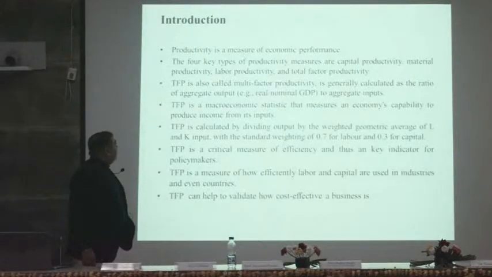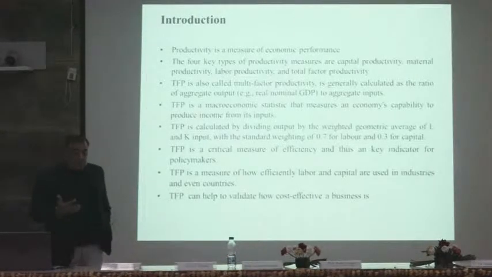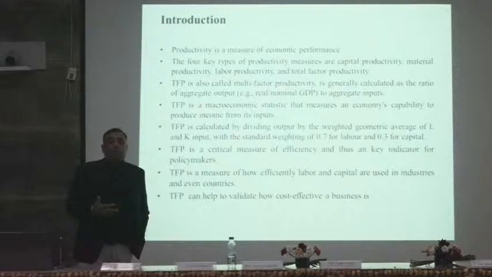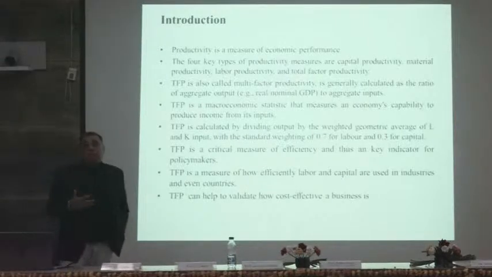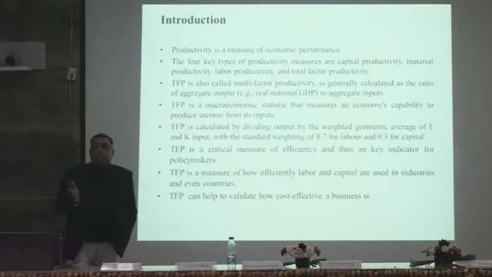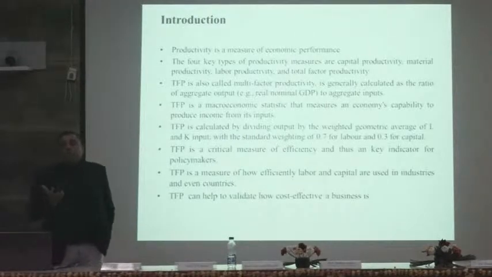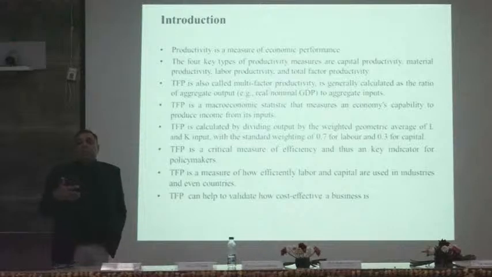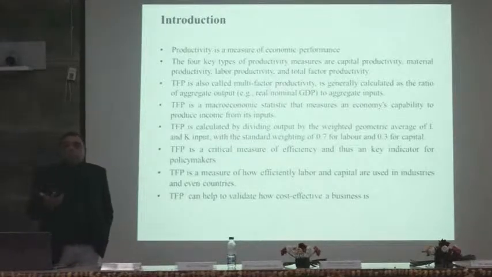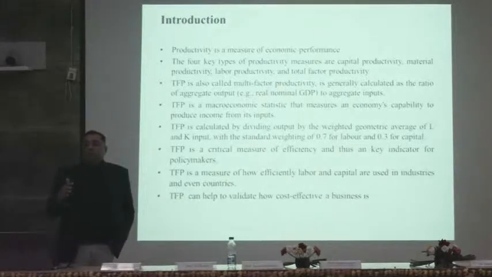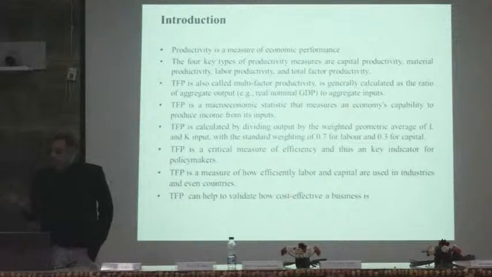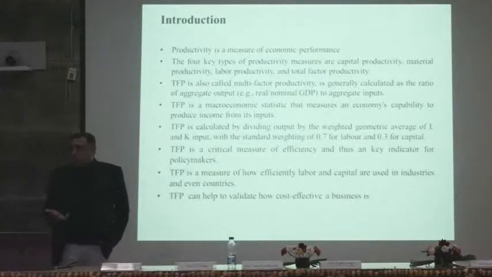Now when we are talking about productivity, it is a measure of economic performance. Among parameters, there are some economic measures and some social measures. GDP is an economic measure, and a social measure is the HDI, the Human Development Index.